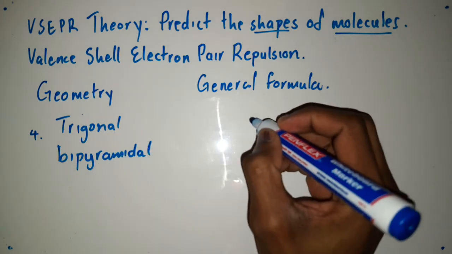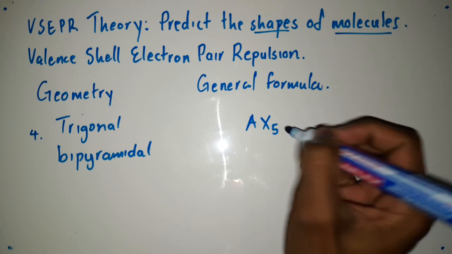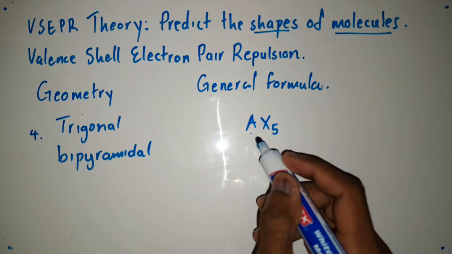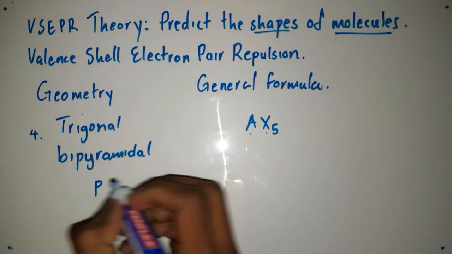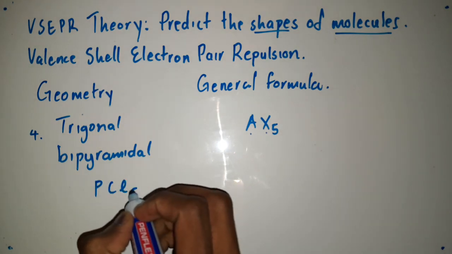It is given by AX5. Don't forget that this one is a central atom, X is a terminal atom. Then the example that we have here is phosphorus pentachloride. This one. You see?